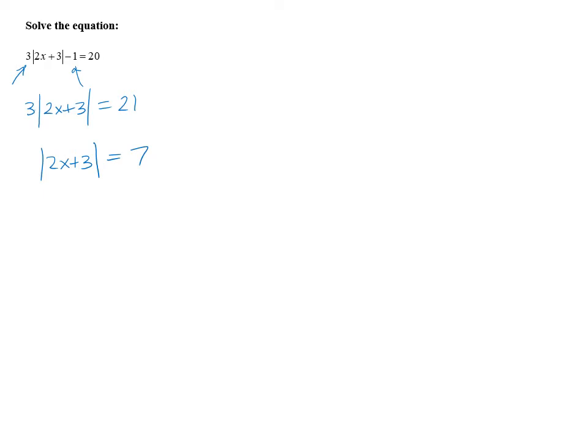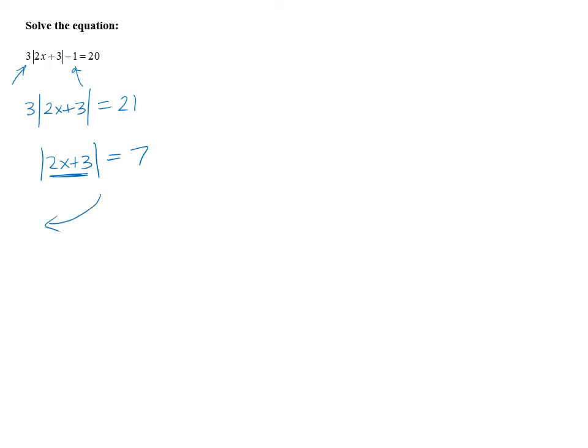So now we have an absolute value equation where the absolute value is isolated. At this point, we split this into 2 equations. We do that by considering that this absolute value says we have a distance from 0 of 7, and that means the stuff inside is 7 units away from 0 on the number line.